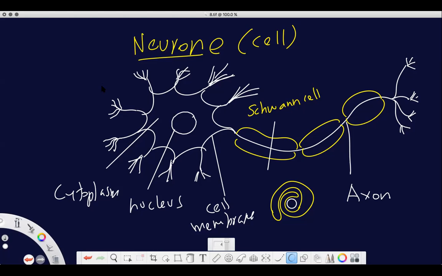They are called dendrites. Sometimes some textbooks prefer to write these small projections, which branch at the end to make the dendrites, as a dendron.